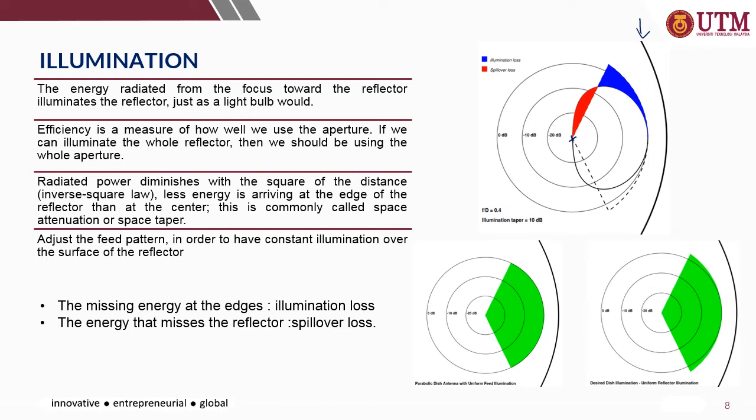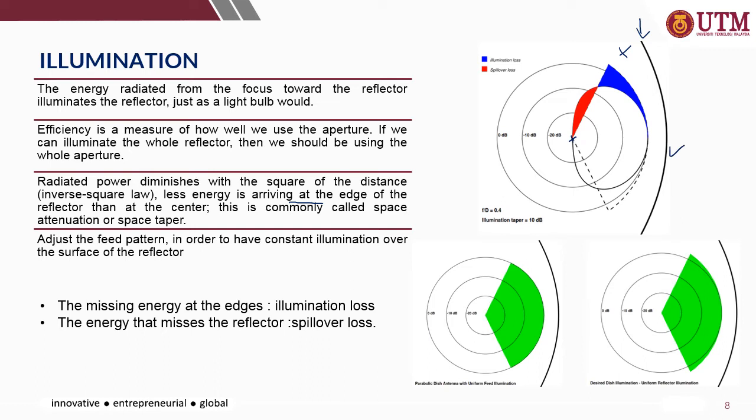So the energy radiated not in the intended direction will be wasted, and it is expected that there's additional loss due to the reduction of the radiated power, as the power will be reduced with the square of the distance. Therefore, less energy is expected at the edge of the structure compared to the center.